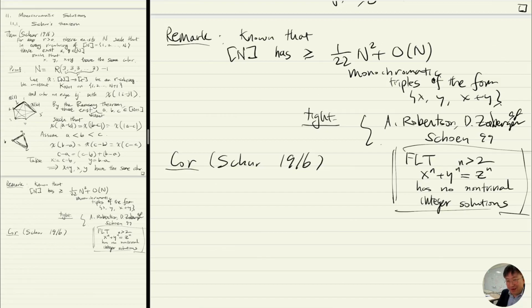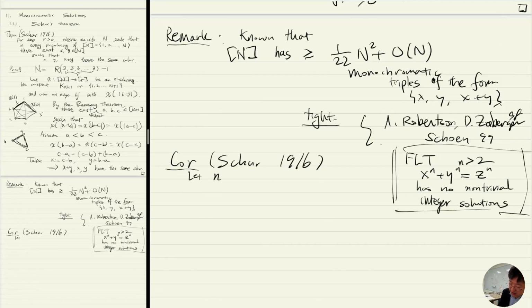Now, one of the attempts to prove this was to show it modulo p for some prime p. You may wish that maybe it has no solutions just because there's no solution modulo p. But Schur actually proved that that's not the case. So let me write this way.